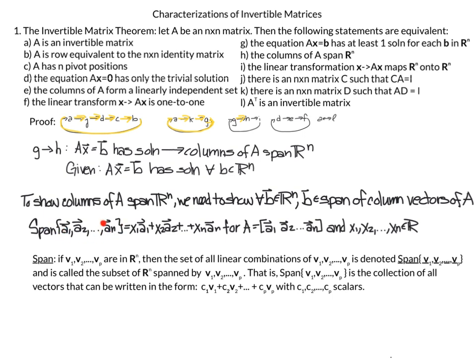So the span of the column vectors of A is equal to x1 times the column vector a1, plus x2 times the column vector a2, all the way up to xn times the column vector an. So again, a1, a2, an, those are the column vectors, and x1, x2 up to xn, those are just real scalars.